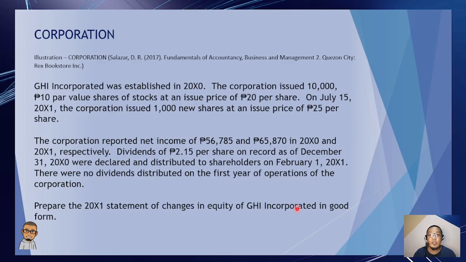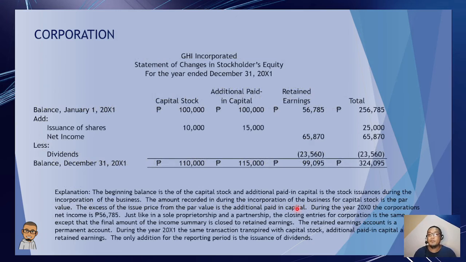Tapos, nung July 15 of the same year, nag-issue siya ng 1,000 new shares at the issue price of 25 per share. So, yun muna yung kwento ang pag-usapan natin. So, ano ba yung nangyari doon sa kwento na yun? So, lumalabas.